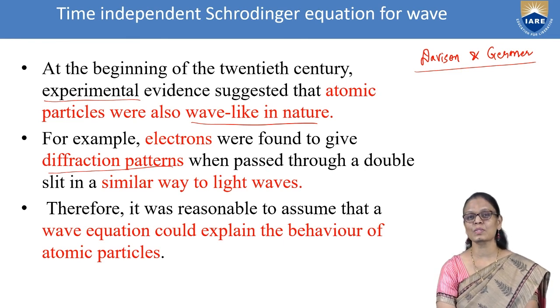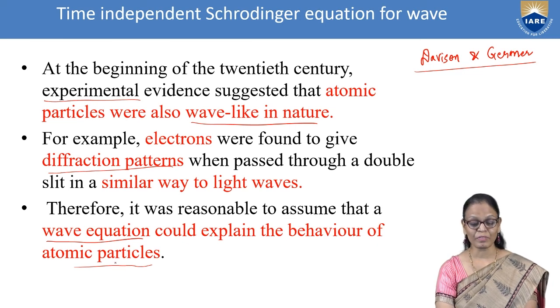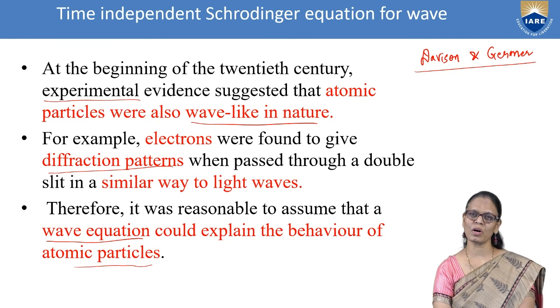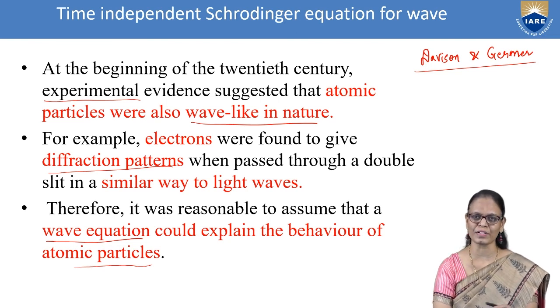Therefore, it was reasonable to assume that a wave equation could explain the behavior of atomic particles. Like I told you, to talk about light radiation or its propagation, we were using Maxwell's equations.